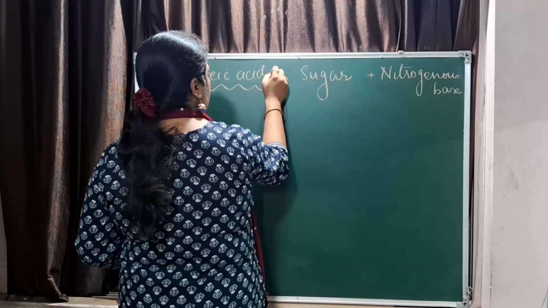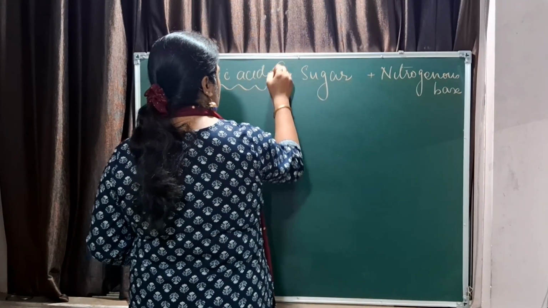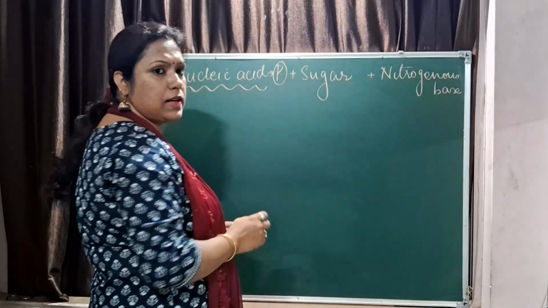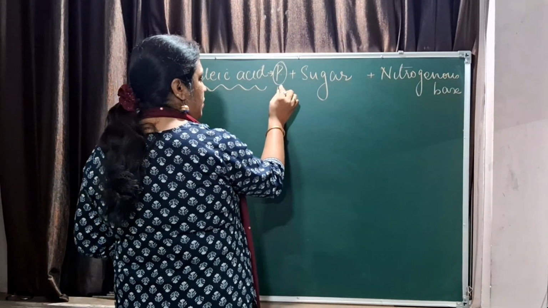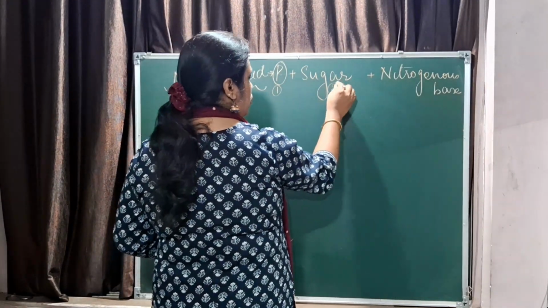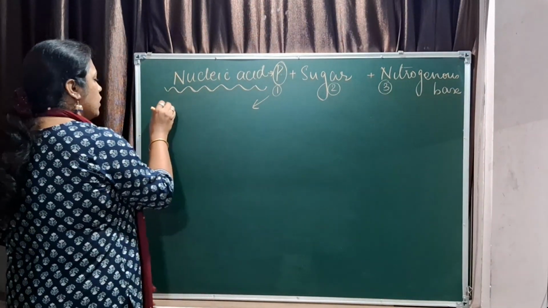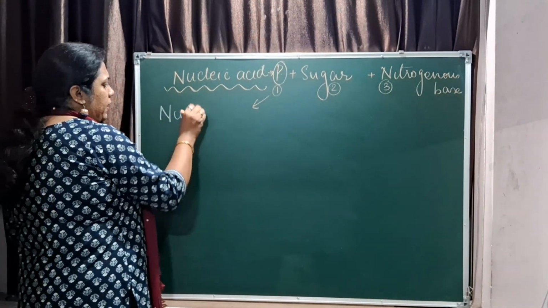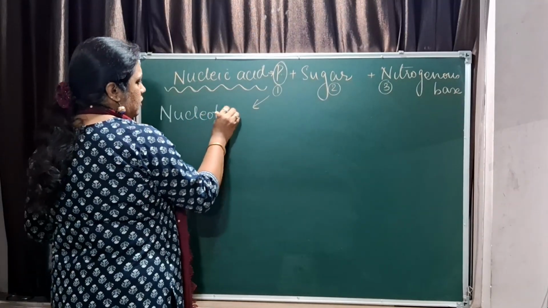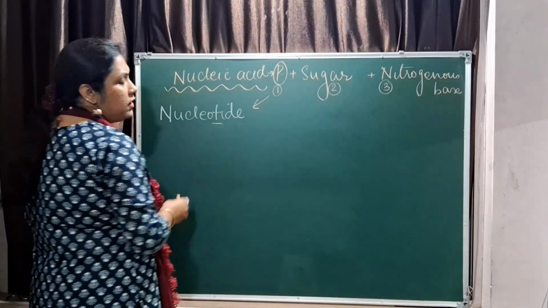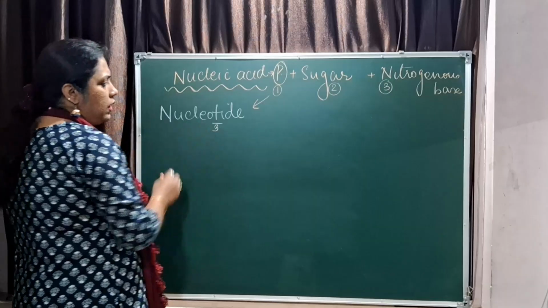So for phosphate I am just writing P, circle it and write it here. Is that clear? Since there are three components, 1, 2 and 3, this is called a nucleotide.